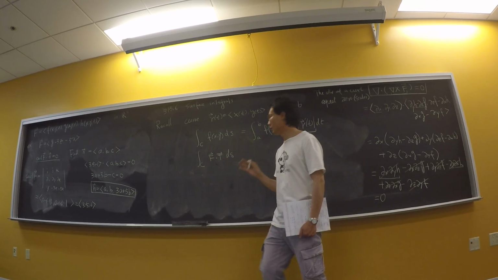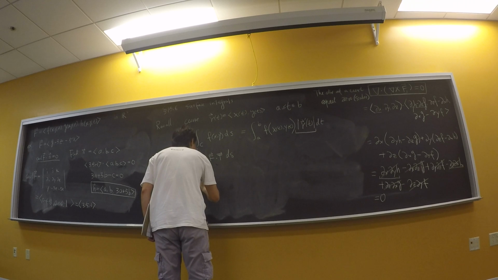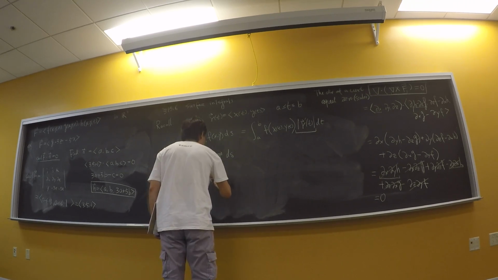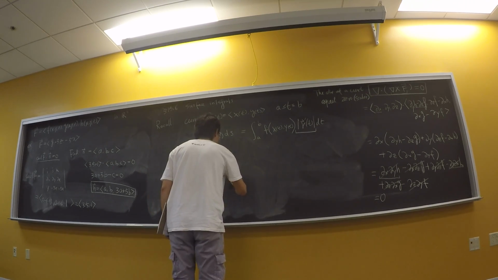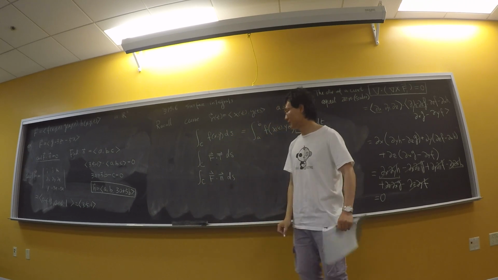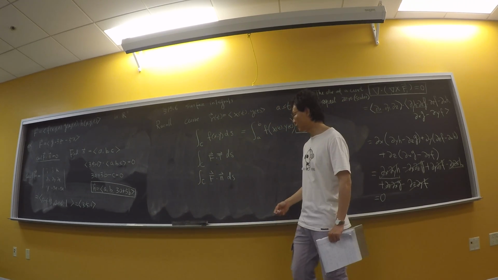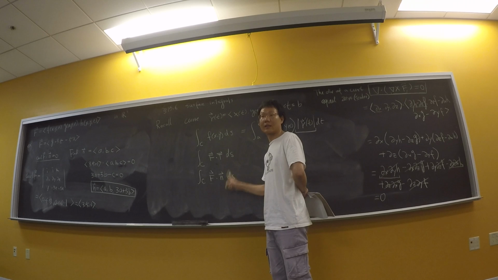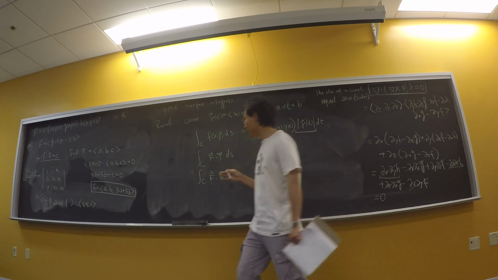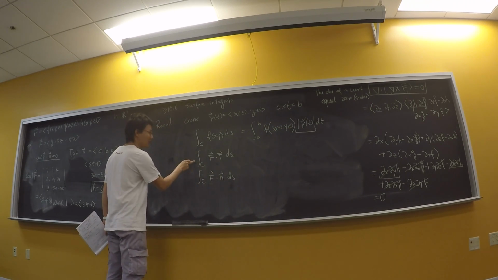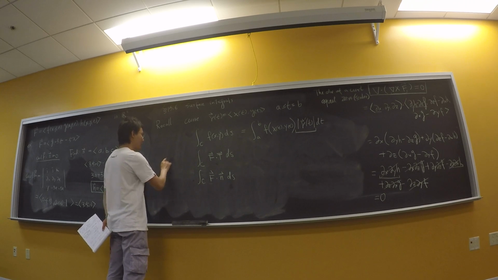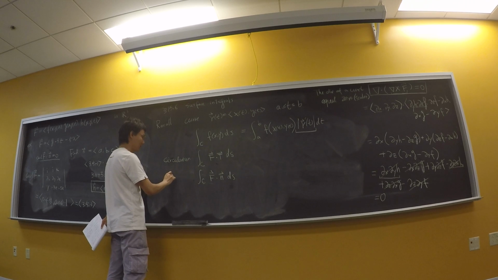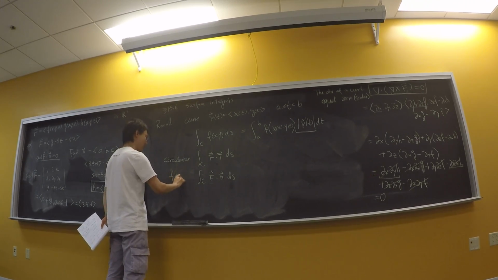We also include the line integral of a vector field along the normal direction, where you need to integrate the inner product of the vector field and the normal vector. We have two names for these two line integrals of a vector field. The first one is circulation. The second is called flux.